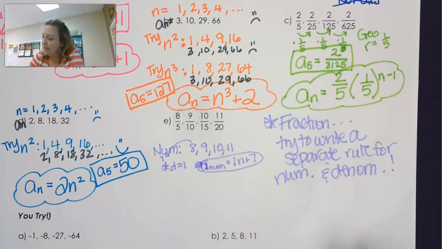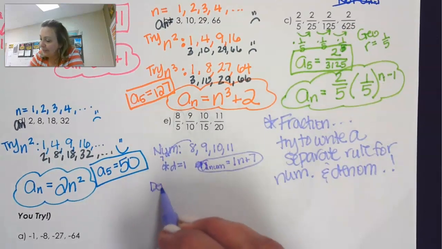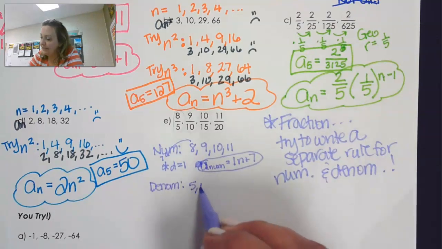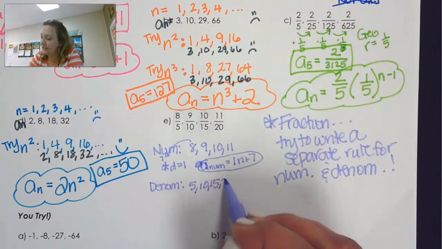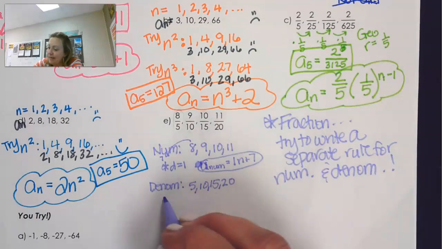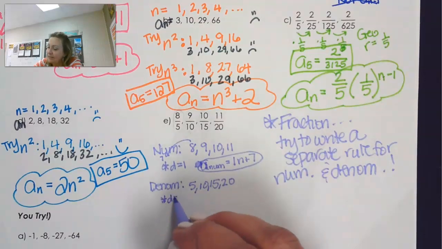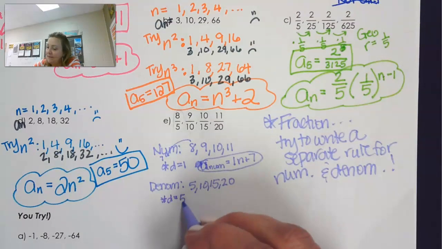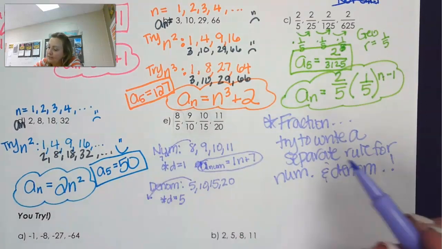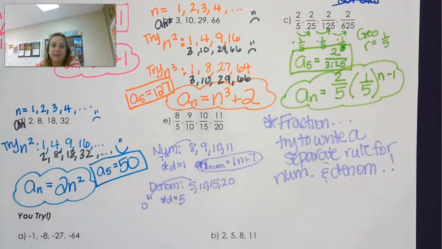Okay. Now let's look at the denominator. If I look at the denominator, I have 5, 10, 15, 20. Hopefully, once again, we see that this is arithmetic. We have a common difference of 5. And if I were to go backwards, then I have an a sub 0 of 0.